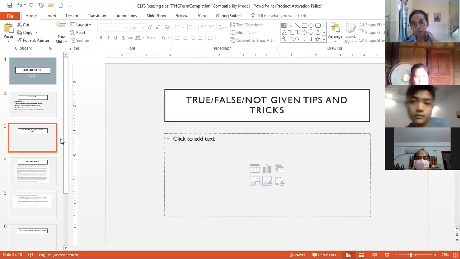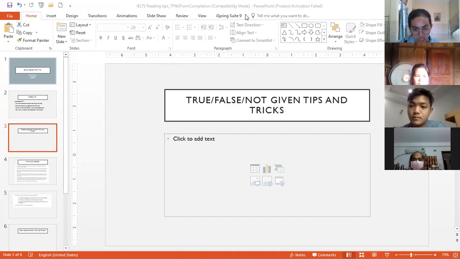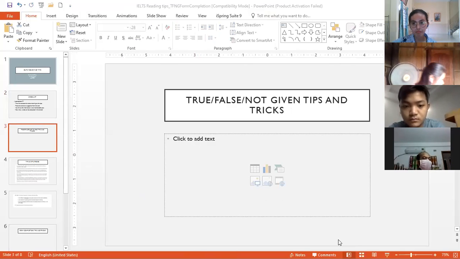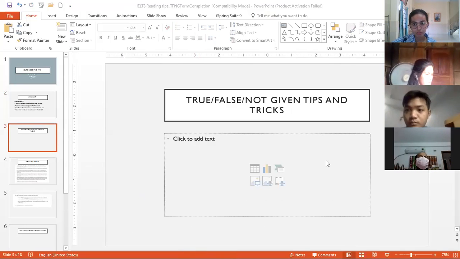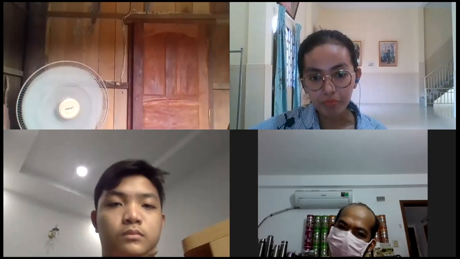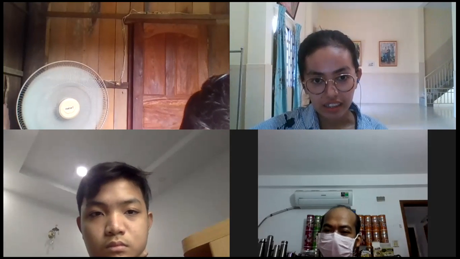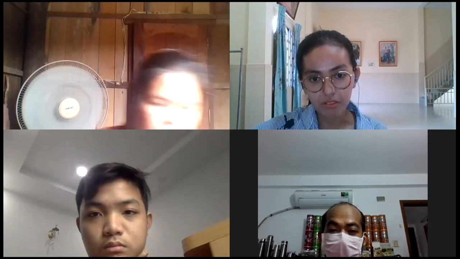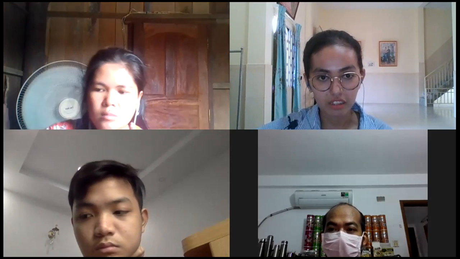Okay, before we go to a discussion on what are the tips and tricks you've received, let's check the simple elements of reading passages. So you should know what are the elements that can be found in the reading passage.